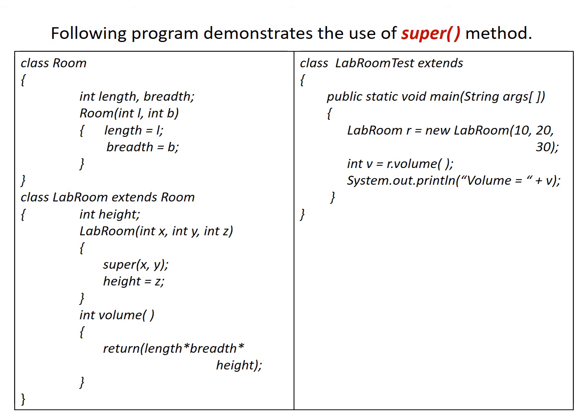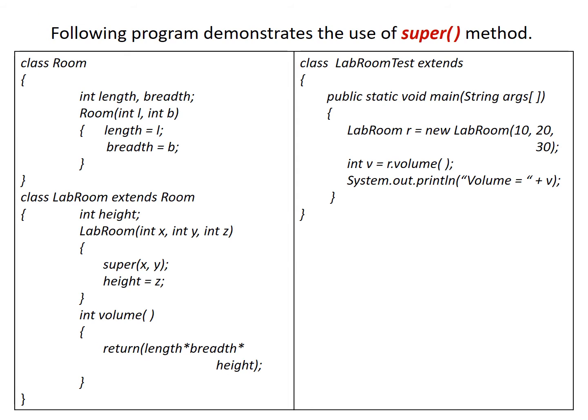In the Room class, there is one constructor called Room with two integer parameters. Whereas in the class LabRoom, there is one constructor called LabRoom with three integer parameters. Now if you observe here, the first statement in this LabRoom constructor is super, that is super(x, y).